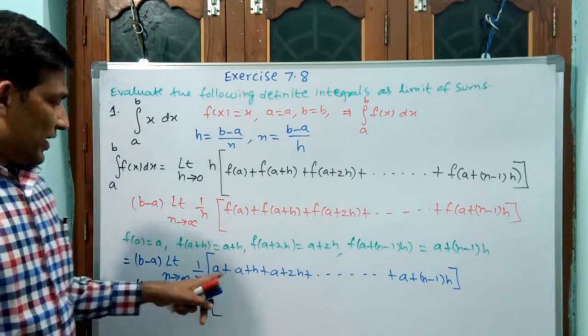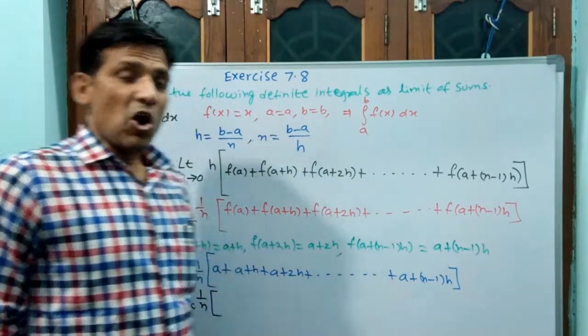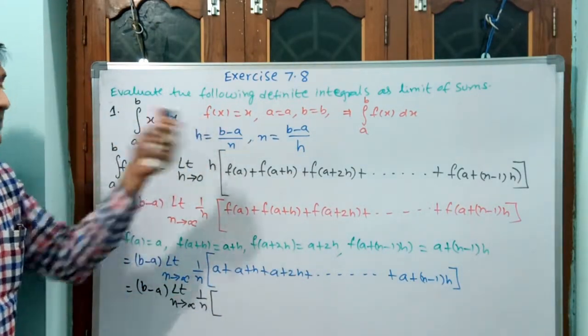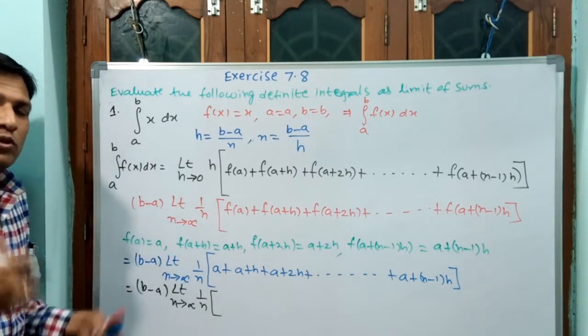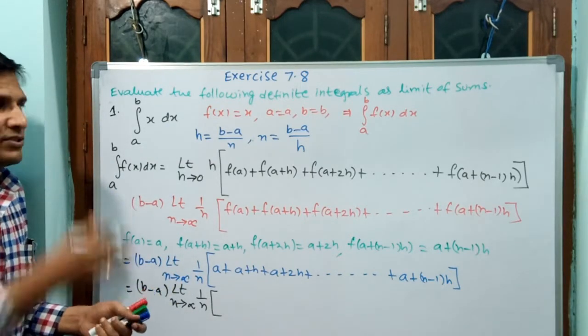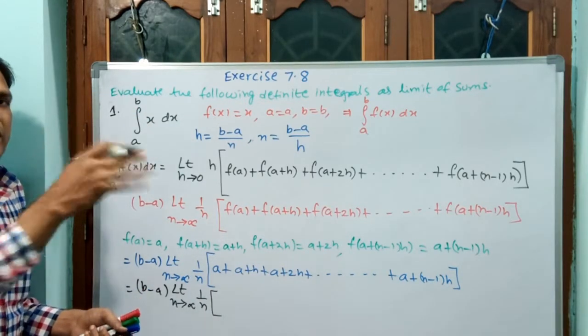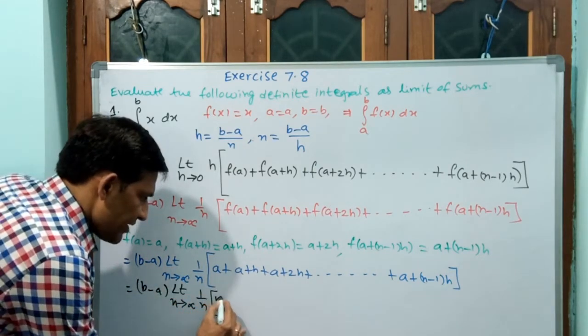Okay, you see, in each portion a is there, a plus a plus a plus a plus. How many times? N times. Why? Because n intervals already we have discussed while dealing this formula. N times a number is there, that means total it is going to become n into a. See, 1, 10 times if you write 10 into 1, 10. A, n times if you write n into a, that's all. Write down n a.